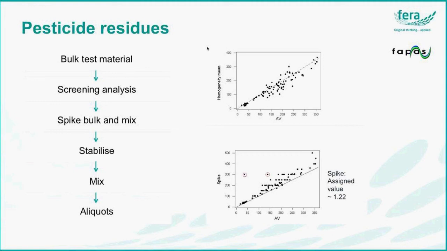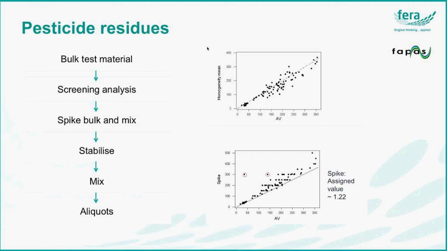But what we observe is a remarkable difference between what we've spiked in and what we have as the assigned value. The chart at the top is a homogeneity mean value plotted against the consensus assigned value, and there's good agreement.